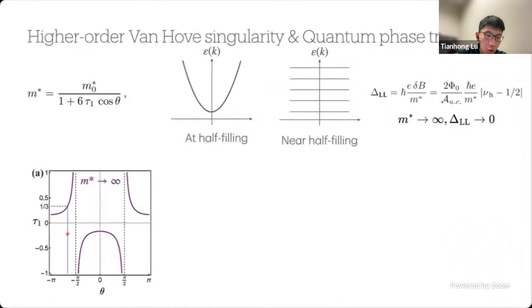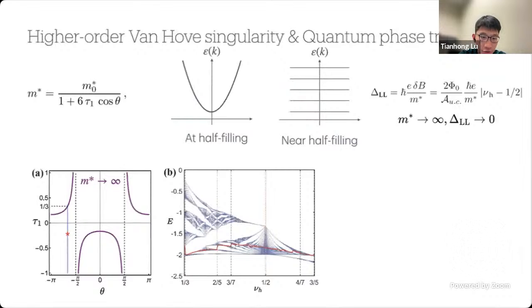By increasing τ1 in the positive direction, when τ1 is 1/3, the effective mass diverges. At that set of parameters, the spectrum looks like this. This Landau fan branching out from half filling collapses. And we also expect a collective gap closing for every Chern FCI other than the 2/3 filling.